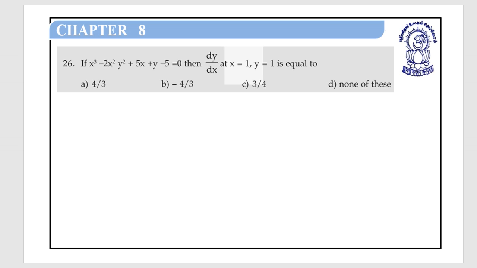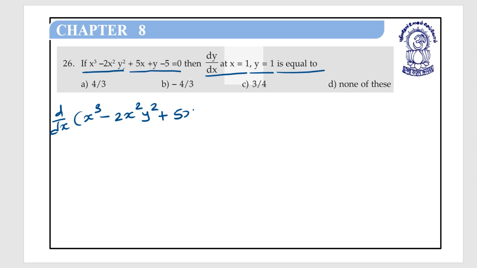Now question number 26. If x cube minus 2x square y square plus 5x plus y minus 5 is equal to 0, then dy by dx at x is equal to 1, y is equal to 1 is equal to. Now take the differentiation. D by dx of x cube minus 2x square y square plus 5x plus y minus 5 is equal to 0.